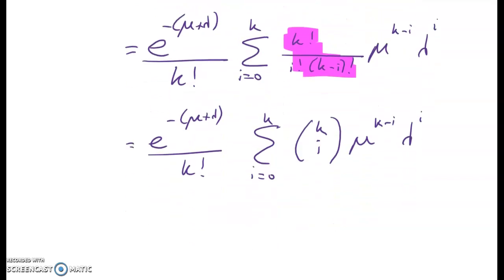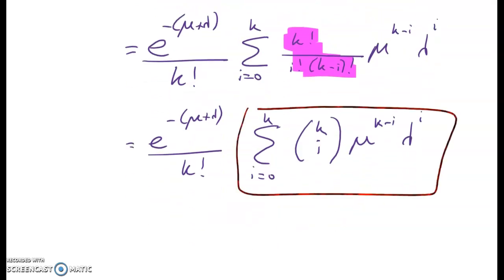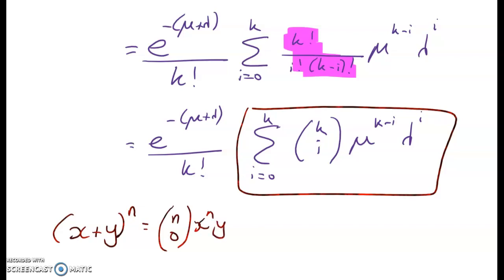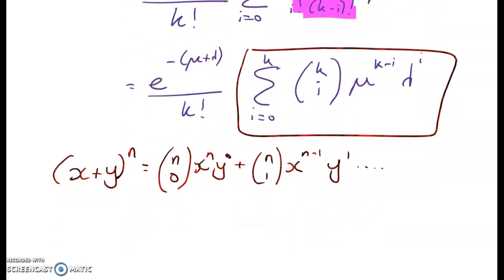But if you think now about what this whole thing is doing, if we have a binomial expansion and we've got x plus y to the power of n, then this is just going to be n choose 0, x to the n, y to the 0, plus n choose 1, and so on. We've done this loads of times, and we can write that in sigma notation as this.